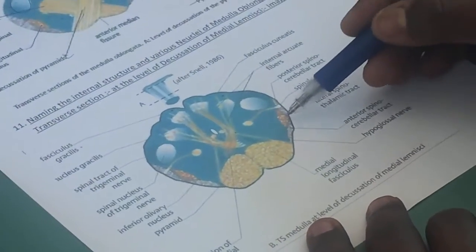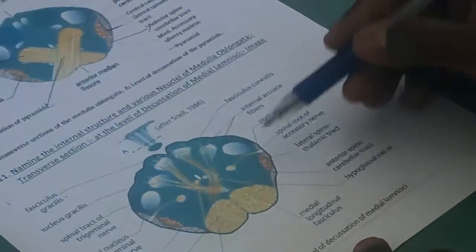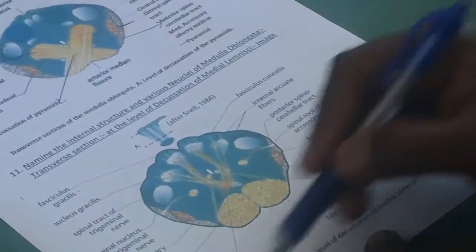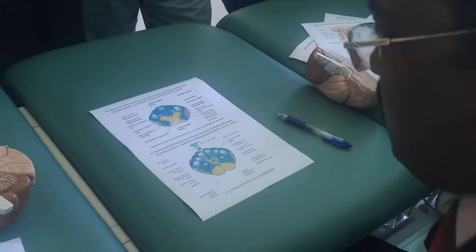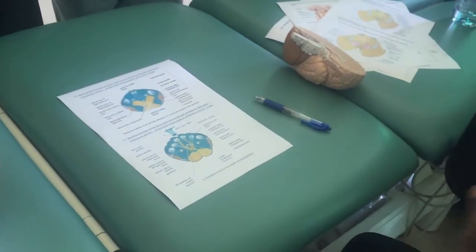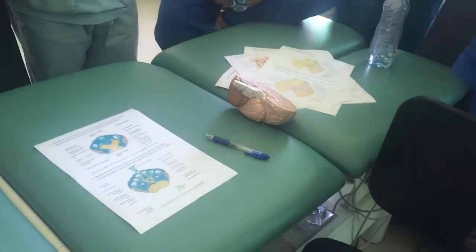Anterior spinocerebellar tract, lateral spinothalamic tract, spinal root of accessory nerve. So these are the different structures at the cross section of the medulla oblongata. This is a brief view of various structures of pons, midbrain and medulla.